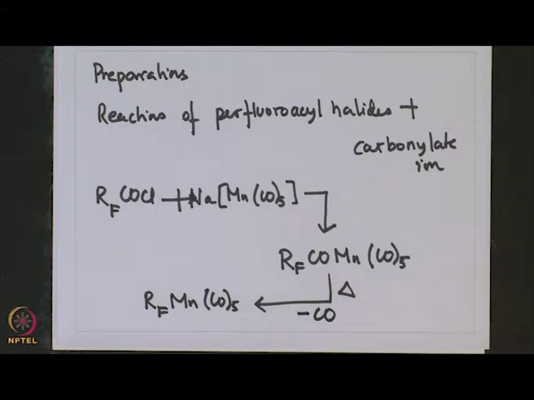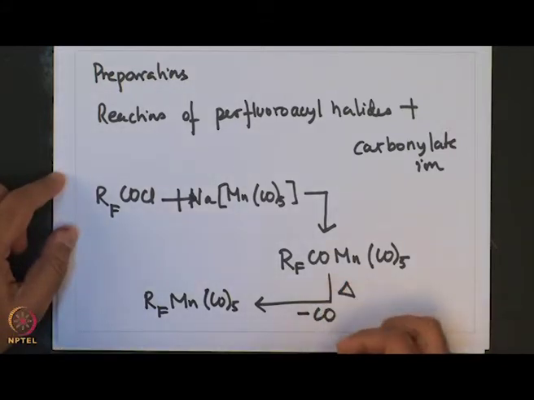So, what we saw is that CO elimination from the acyl bond occurs upon heating, resulting in the formation of R_F Mn(CO)5 along with the carbonyl moiety.